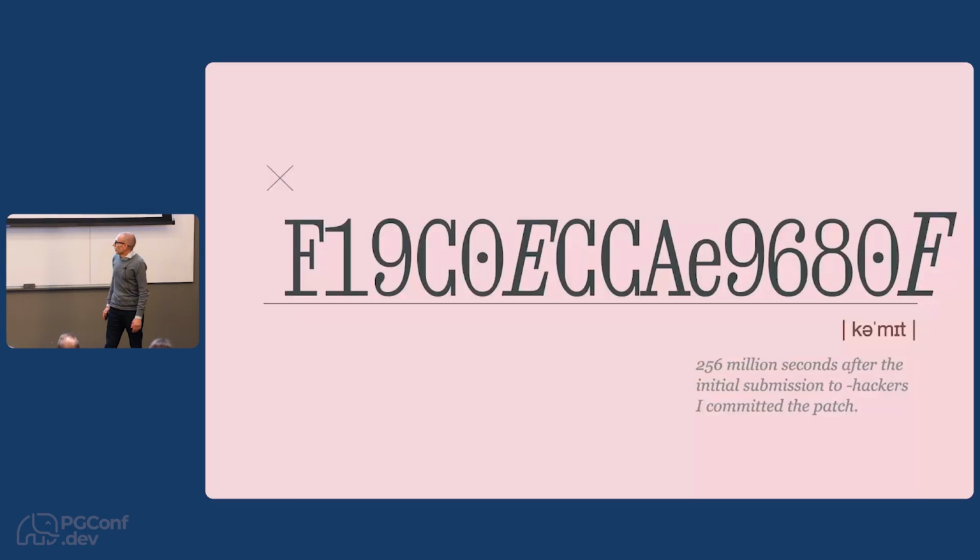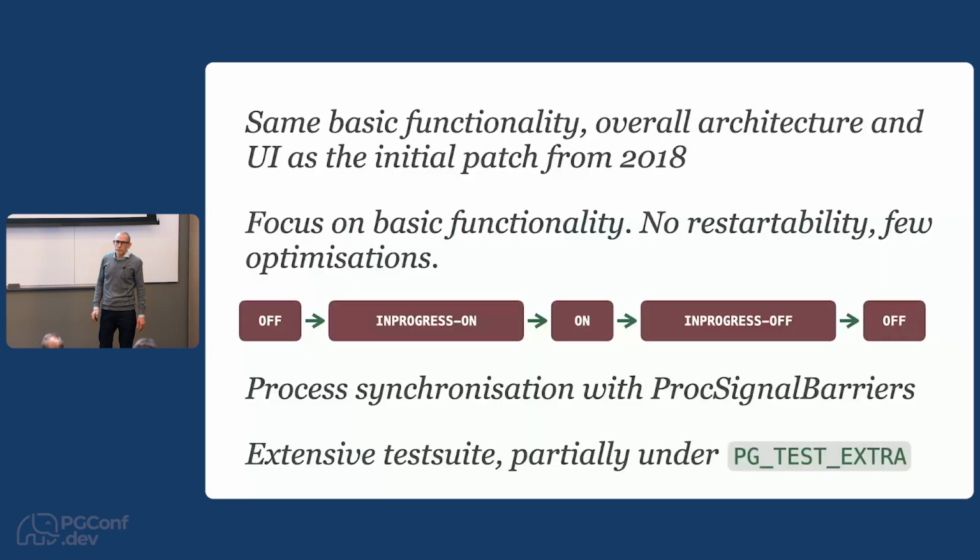Then it eventually got committed. And it's actually the same basic functionality and overall architecture that we had in 2018. Everything beneath that changed, but pretty much what the users saw is exactly the same. It doesn't have restartability, it has very few optimizations, it simply is focused on making the basic scaffolding for this work.